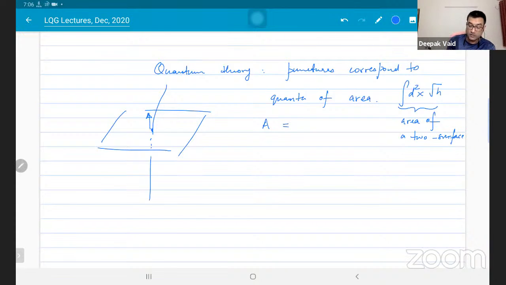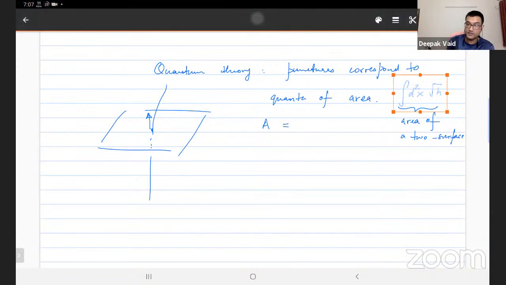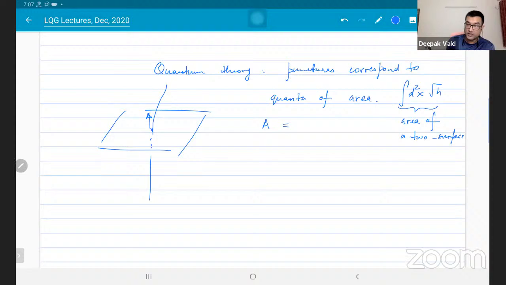Now, H is the determinant of the metric of the two-dimensional surface. So if you integrate the square root of the determinant over the surface, you get the area.